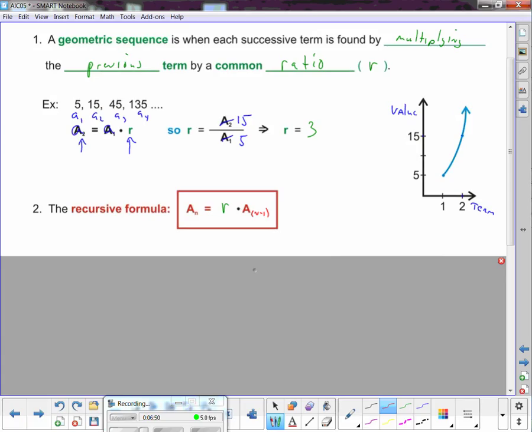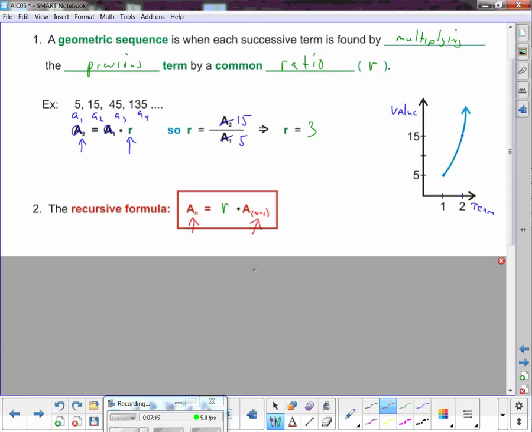Okay, so let me interpret. This is simply what we just figured out. Let's suppose this is the second term. How do you get the second term? Take the R value and multiply it times second minus 1, which is 1, the first term, right? If n was a 7, how do you get the seventh term?